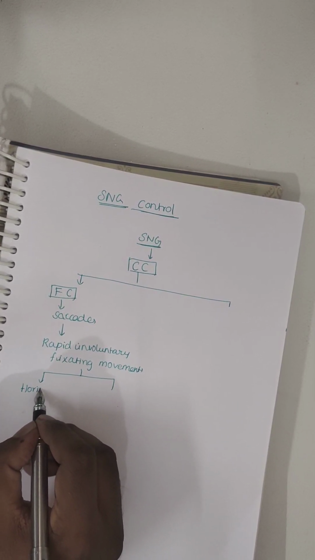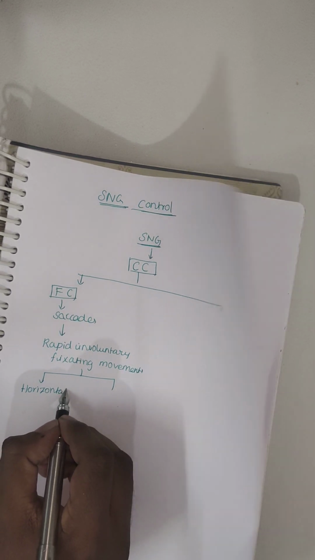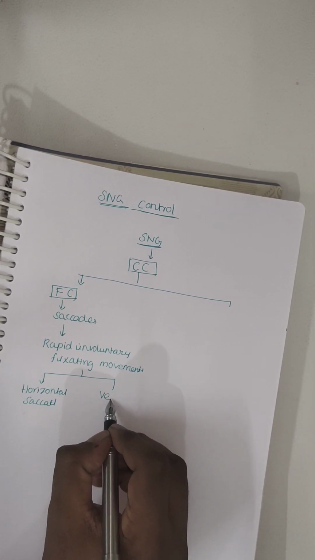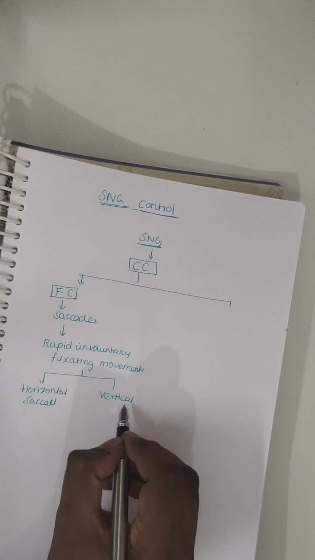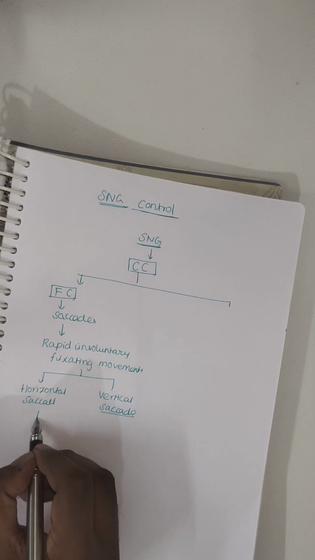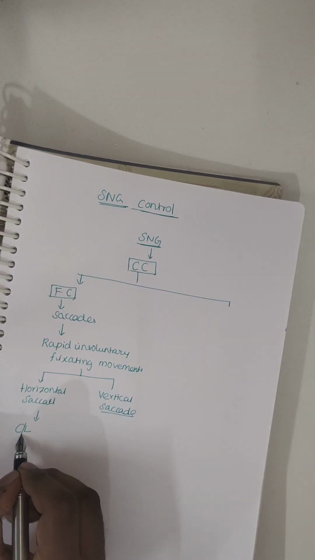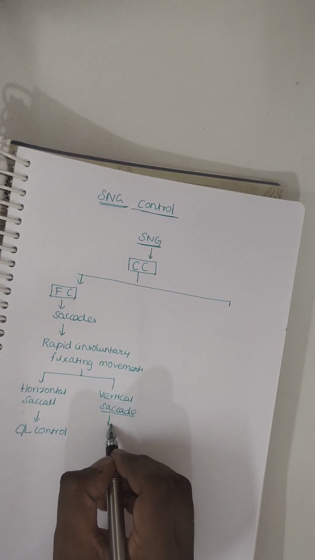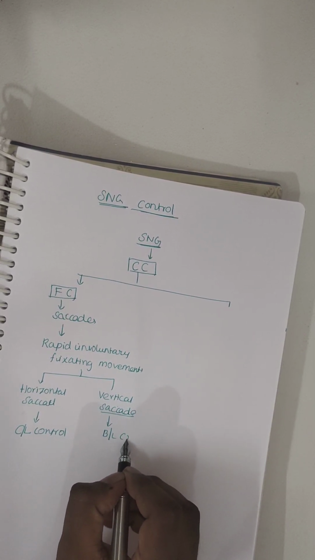Horizontal saccade and vertical saccade. Horizontal saccade is due to contralateral control. Vertical saccade is due to bilateral control.